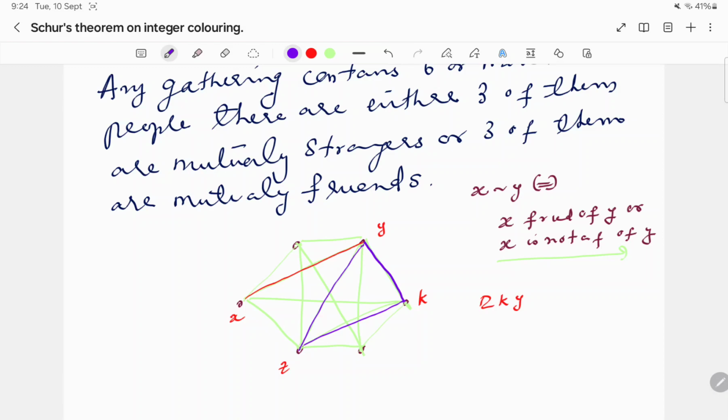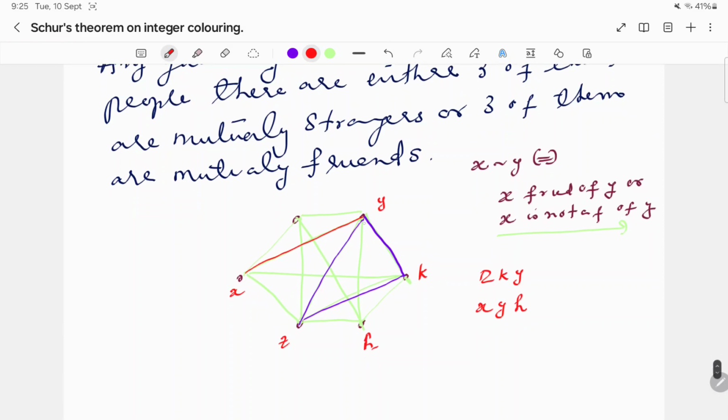Now suppose x, y and h don't know each other. Then y and h don't know each other, and I have actually missed a line here. So there also forms a triangle, but in the other color, meaning they don't know each other.